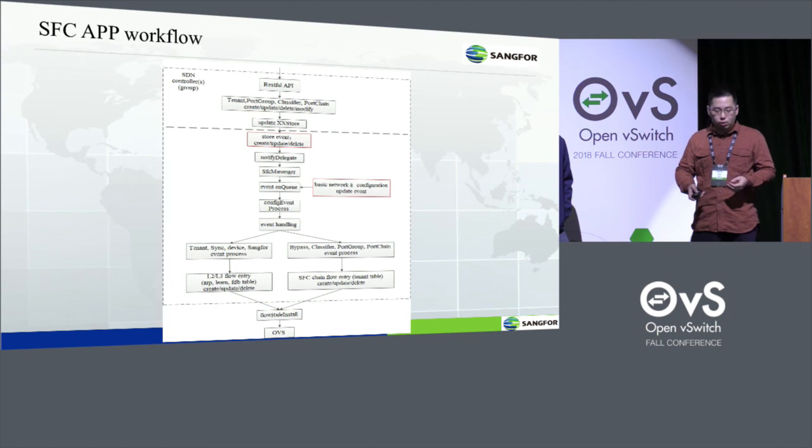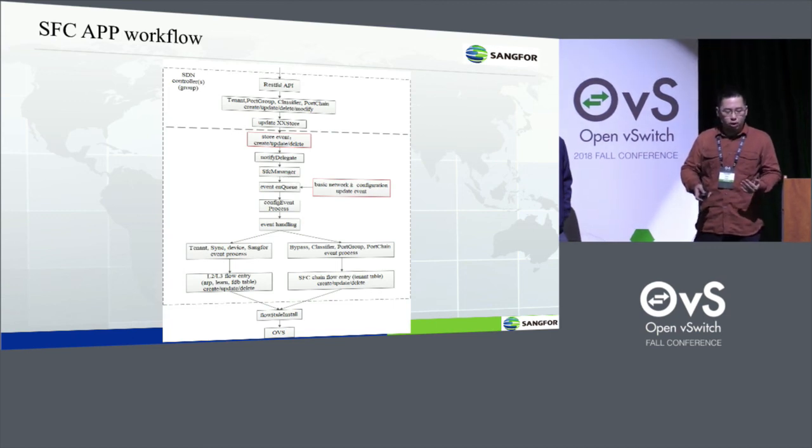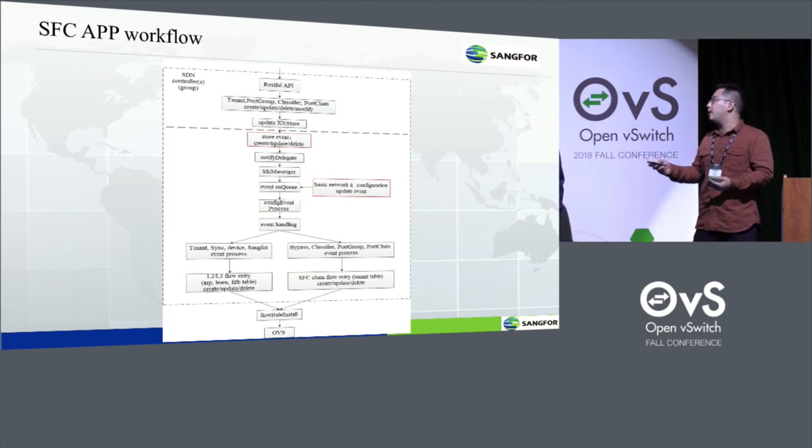Then this picture shows the workflow of our SFC application. Okay, I will talk about it in detail. Configurations like the creation or updating of different resources, like tenant and classifier, come to ONOS by the RESTful API. It will dispatch to the different resource managers and update the related store.